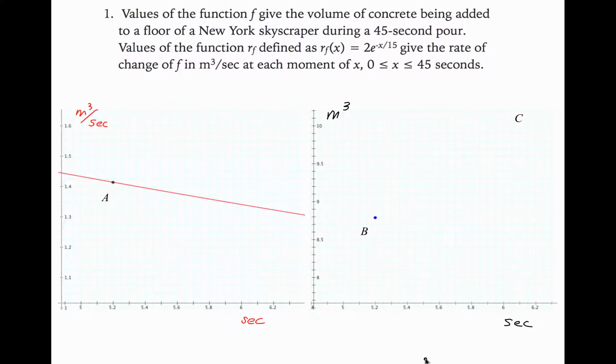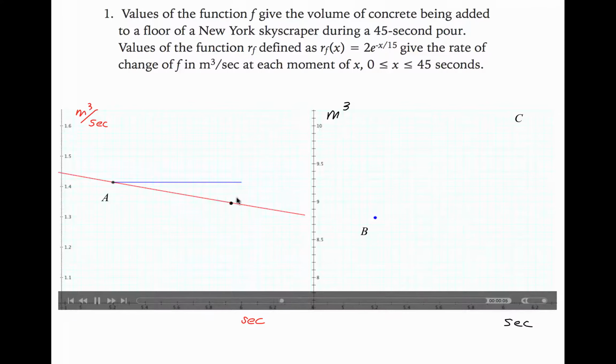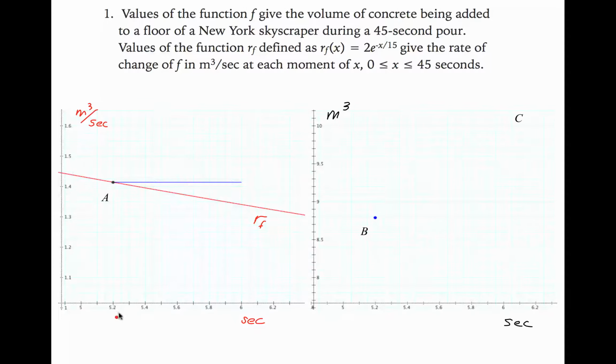Okay, and what are the variables and functions associated with the red graph? So the red graph is our rate of change function. So we can simply label it R sub f, because that's what this red graph is showing. And the independent variable would be time since the pour began. So x equals time since the start of the pour.